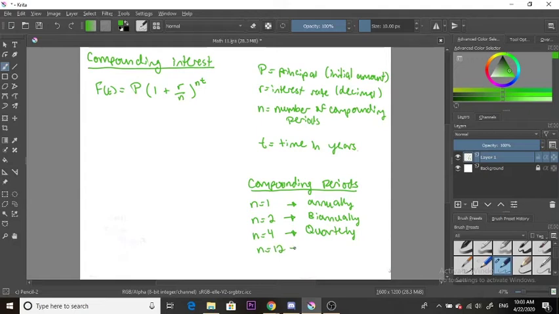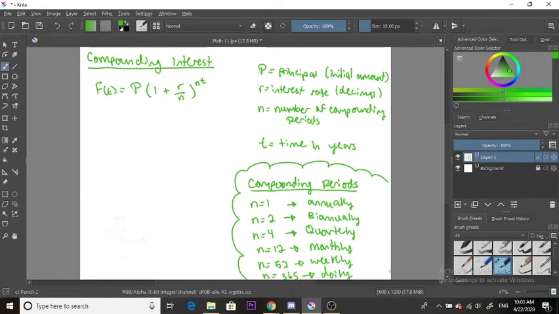N is equal to 12 if it is monthly. N is equal to 52 if it is weekly. And N will be equal to 365 if it is daily. So this is just like a little side note to help you guys remember these numbers here.